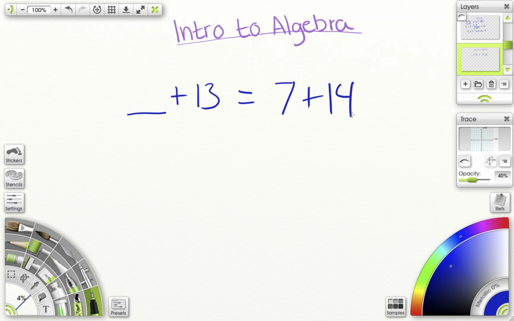What we're trying to do in this problem is figure out what is in this blank spot. To do that, I can't just automatically say something plus 13 equals 7 plus 14. That doesn't make any sense.